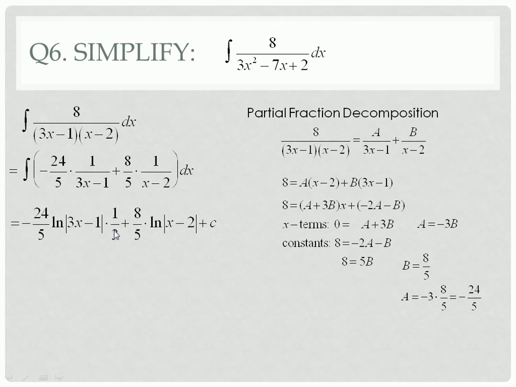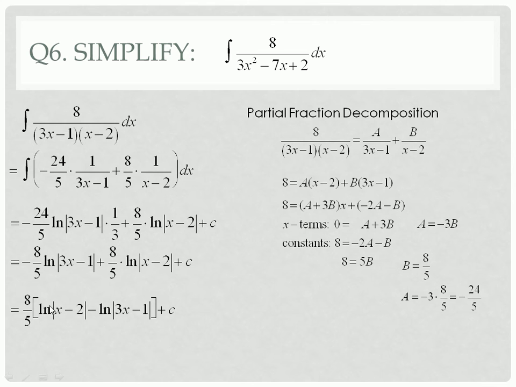So from here, notice that the 1/3 and the 24/5 can cancel. The 3 goes into 24 8 times. I get negative 8/5 natural log of 3x minus 1 plus 8/5 natural log of x minus 2 plus c. And because I have that common coefficient 8/5, I factored it out.